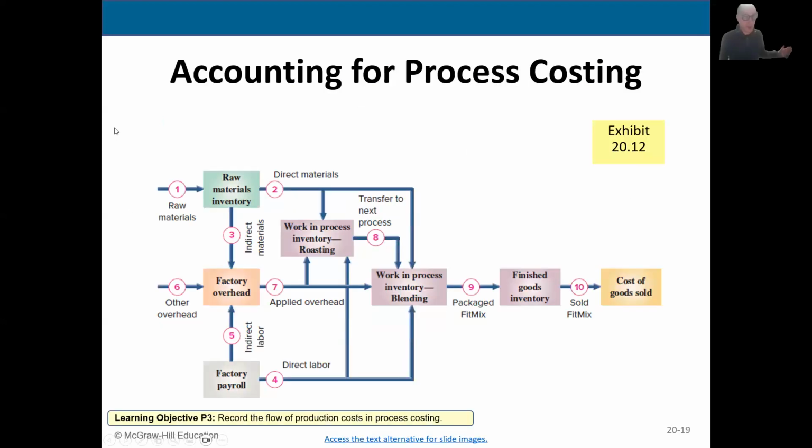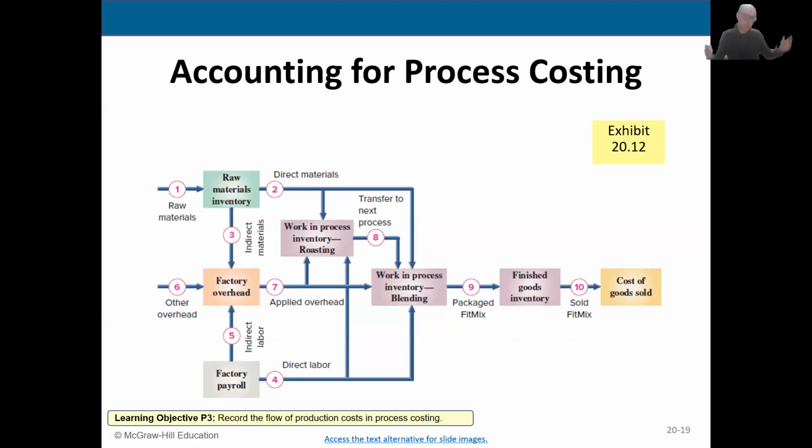What I mean by that is as the product flows through the production process, we're adding in additional direct materials, direct labor, and factory overhead in each department as the physical flow of materials moves through each department.